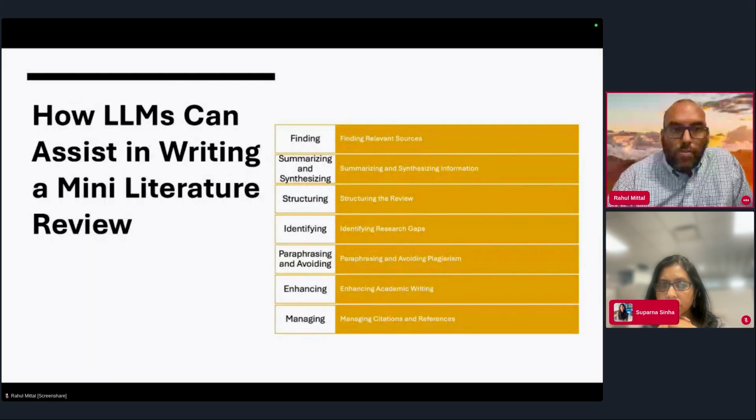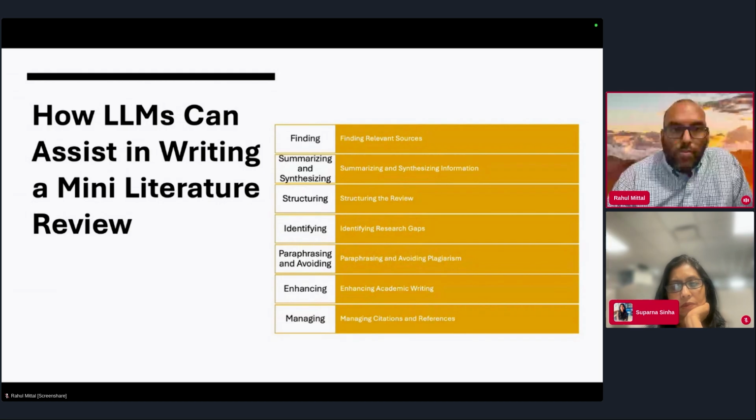So how LLMs can assist in writing a mini literature review is that they can generate queries for databases like PubMed. They can use AI tools to summarize key findings, extract key points and methodologies, and help with structuring the review, and also provide a scaffold to help the students, especially ones who haven't had previous research experience.